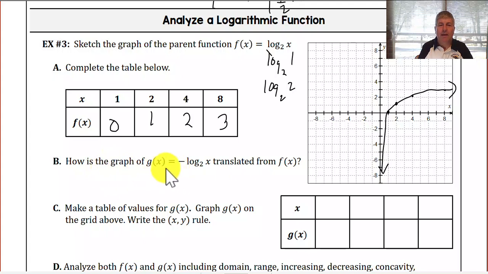Question B asks, how is the graph of g of x equals the opposite of log 2 of x translated from f of x? Well, that negative sign is going to reflect over the x-axis. That's a vertical adjustment, or adjustment to our y. So every positive y is going to become a negative y.